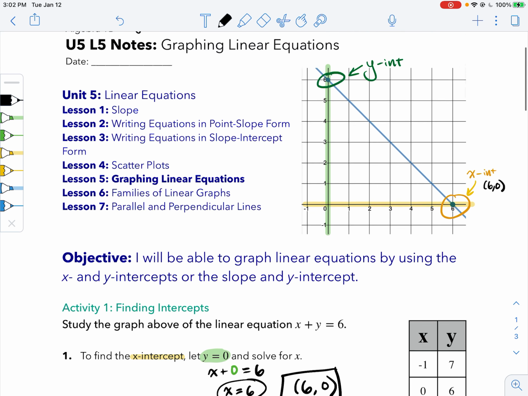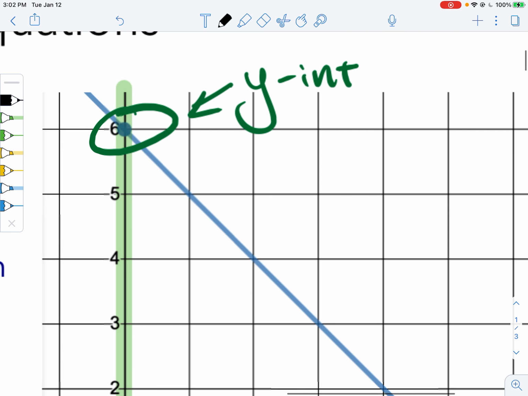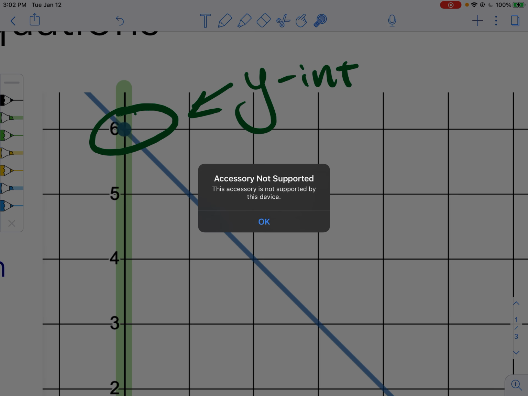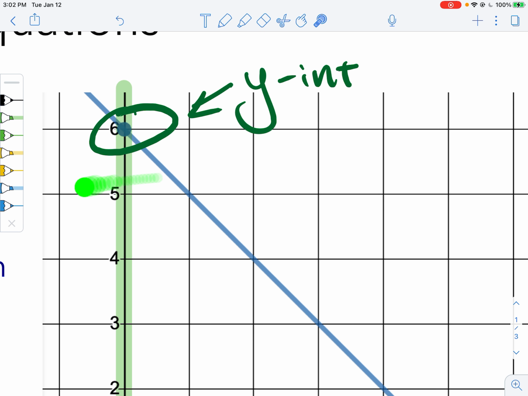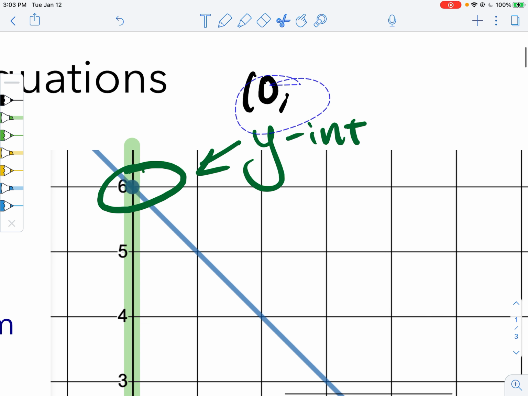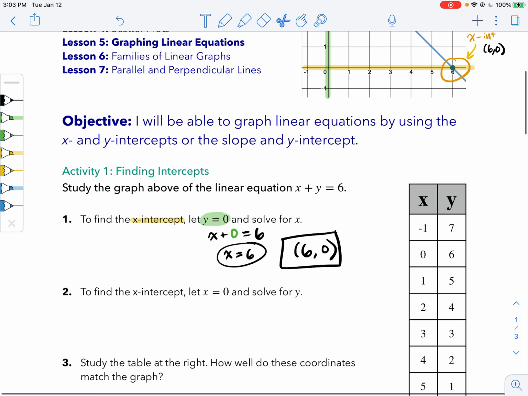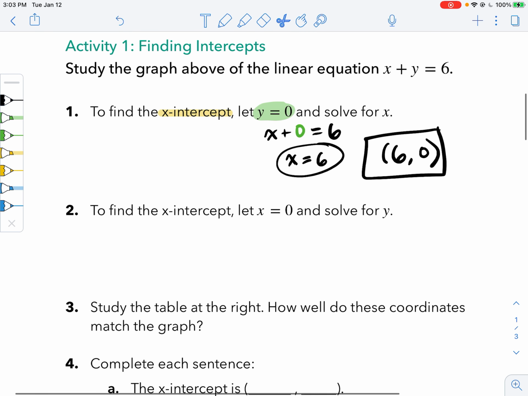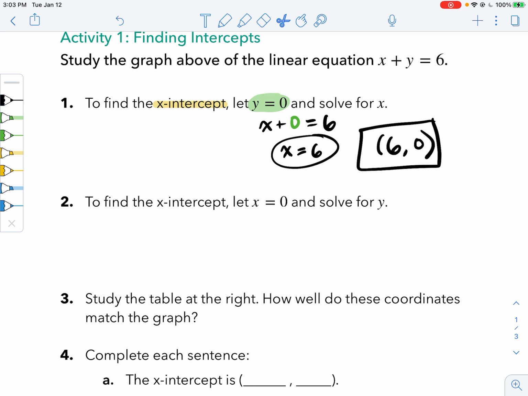We do the same thing for our y-intercept. Here, our y-intercept is right on the y-axis. We don't go right, we don't go left at all, telling us that it's going to be at 0 something. If x is 0, we need to figure out what y is. Again, assuming we don't have the graph, we just have our equation, x plus y equals 6.